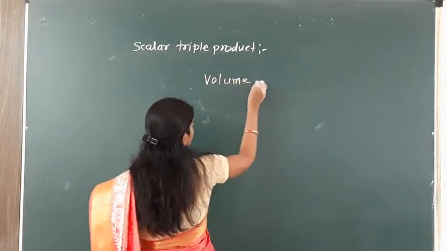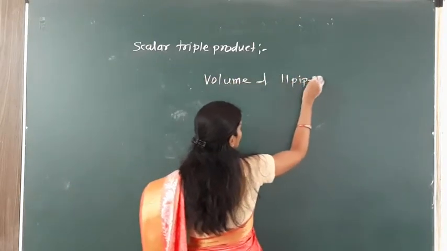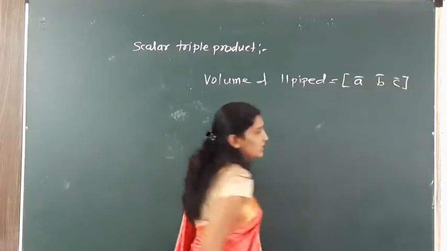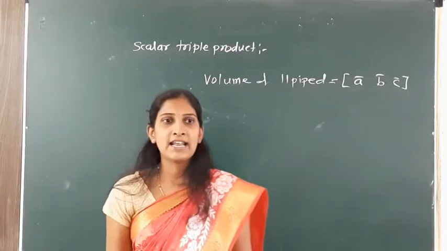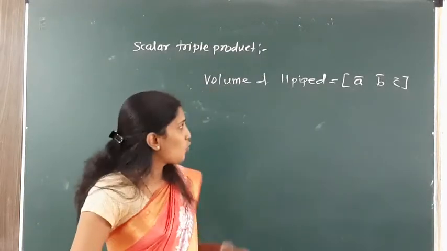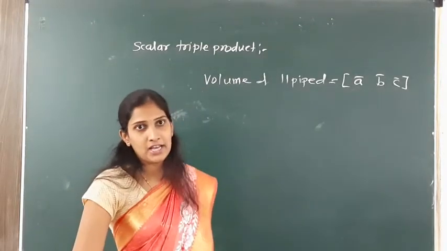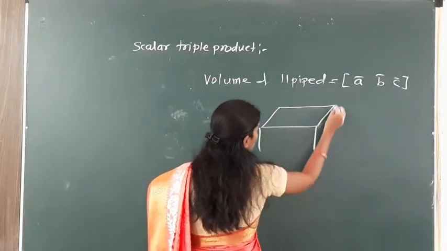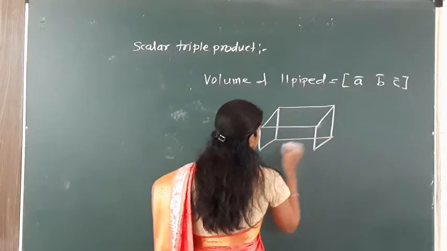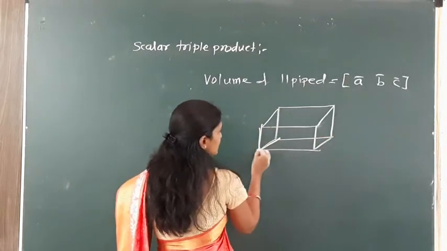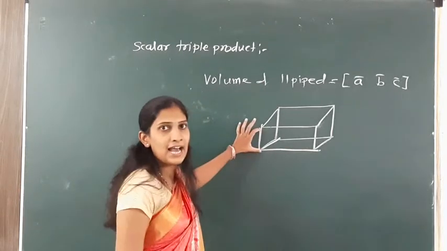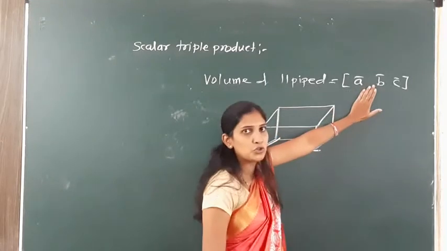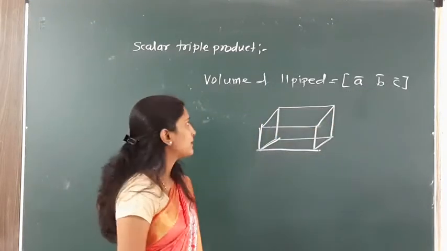Volume of parallelepiped is equal to the box product of A bar, B bar, C bar, if A bar, B bar and C bar are three coterminous edges of the parallelepiped. Suppose this is A bar, this is B bar and this is C bar. These three are coterminous edges, then its volume is the box product of A bar, B bar and C bar.